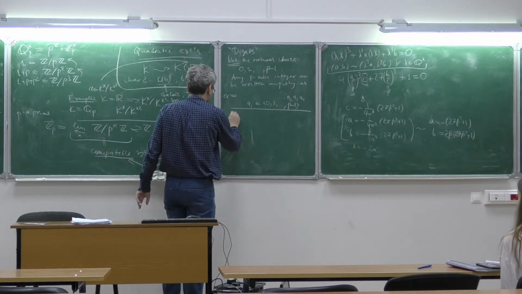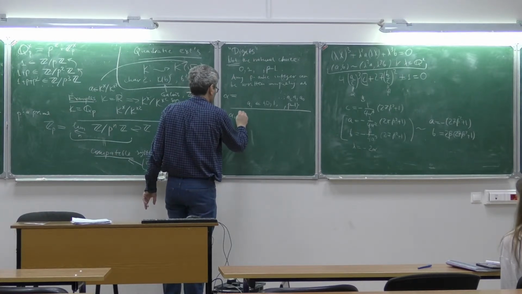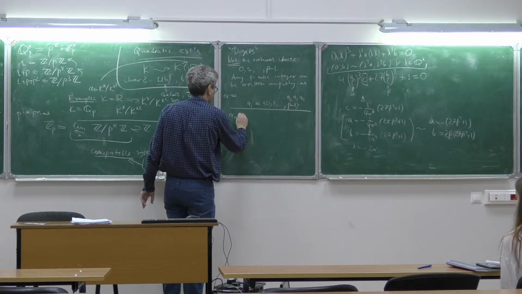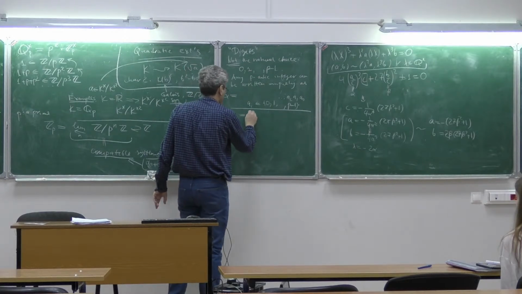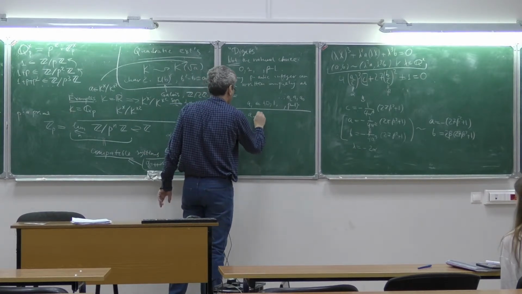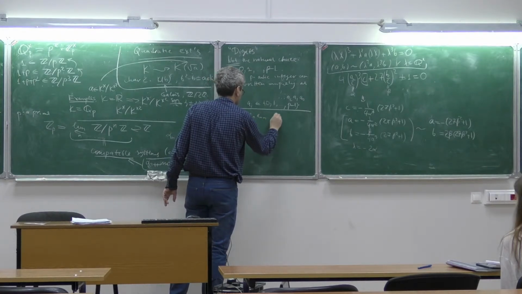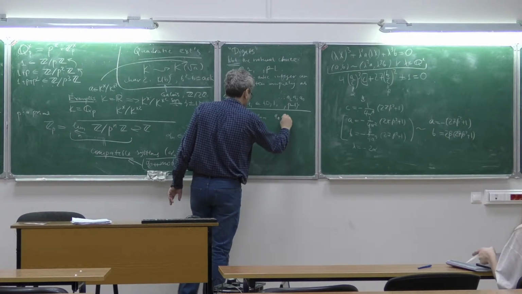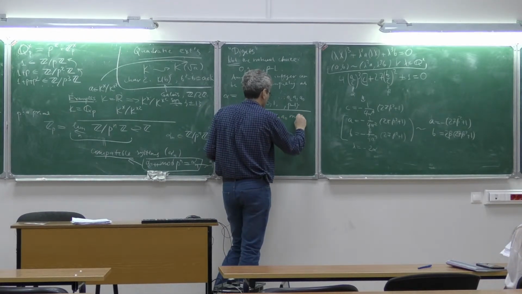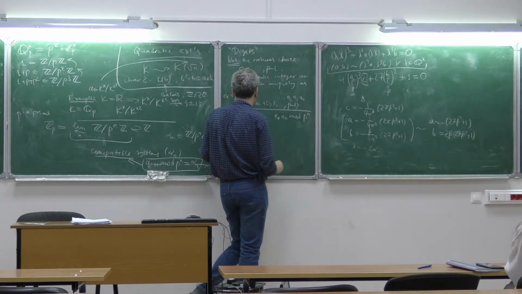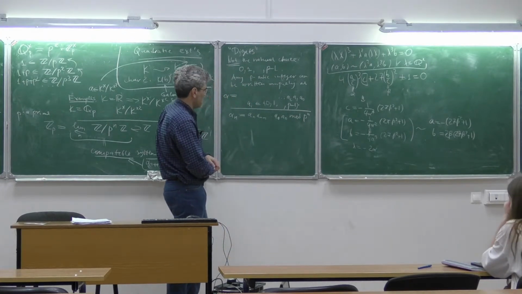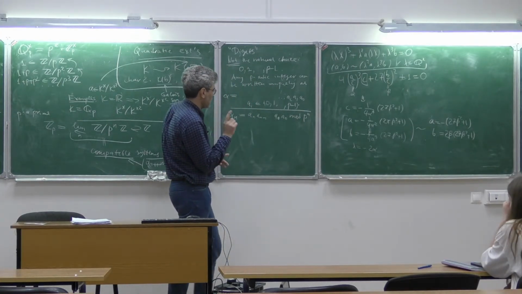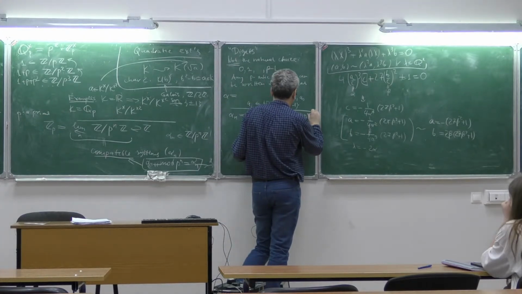What is alpha n? Alpha n is a_{n-1} and so on, a_0, modulo p to the n, p to the n plus 1, maybe. Plus 1, yeah.